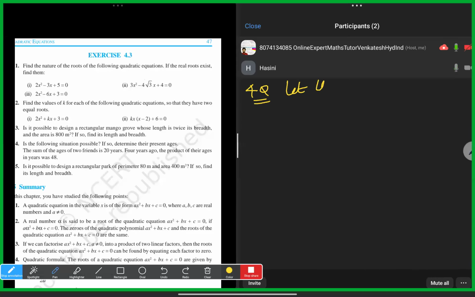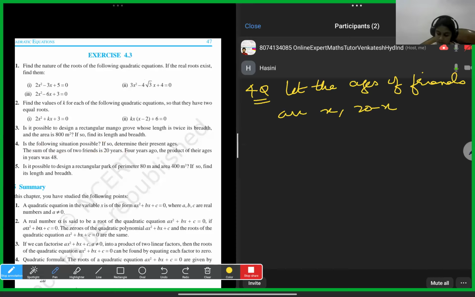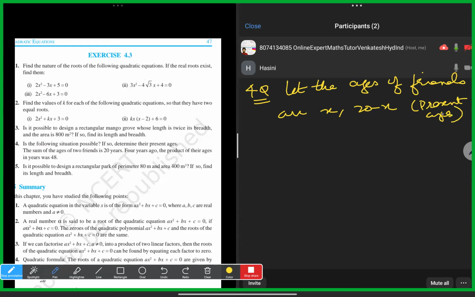Let the ages of the friends be x comma 20 minus x as per the first statement. These are the present ages, as per the question, and the sum is given as 20.